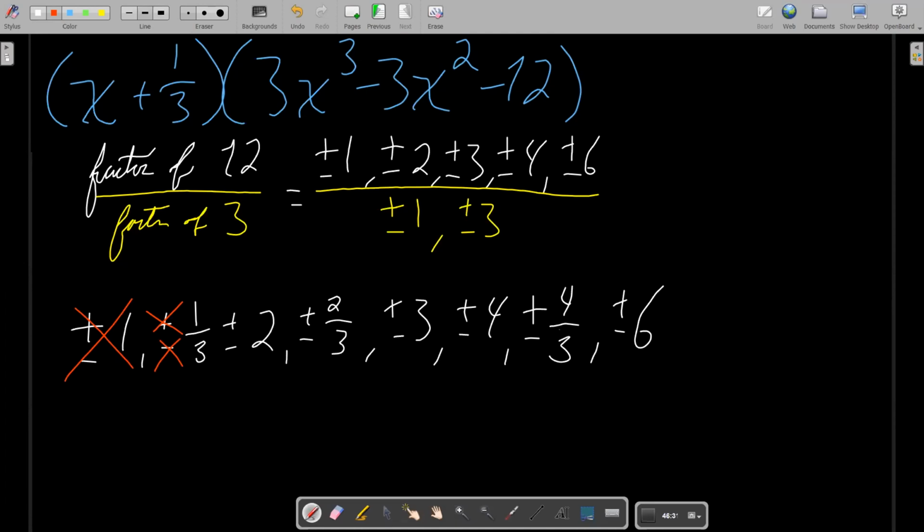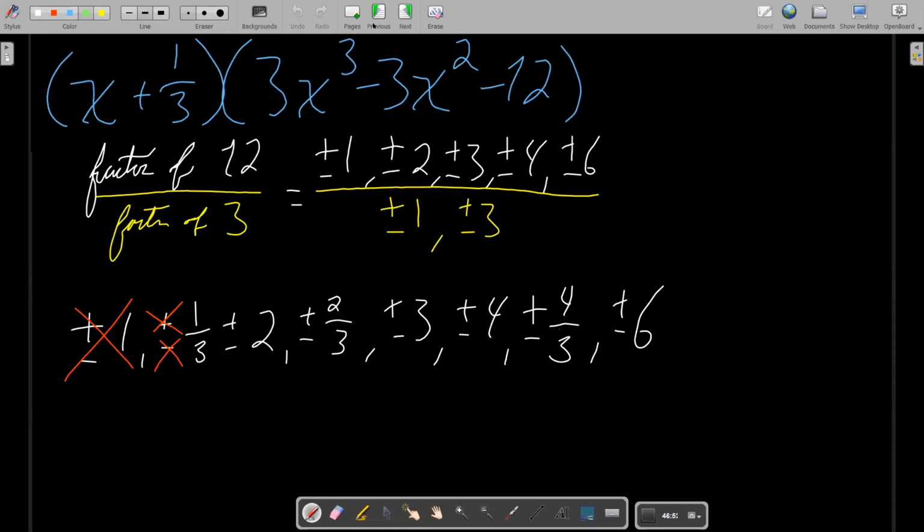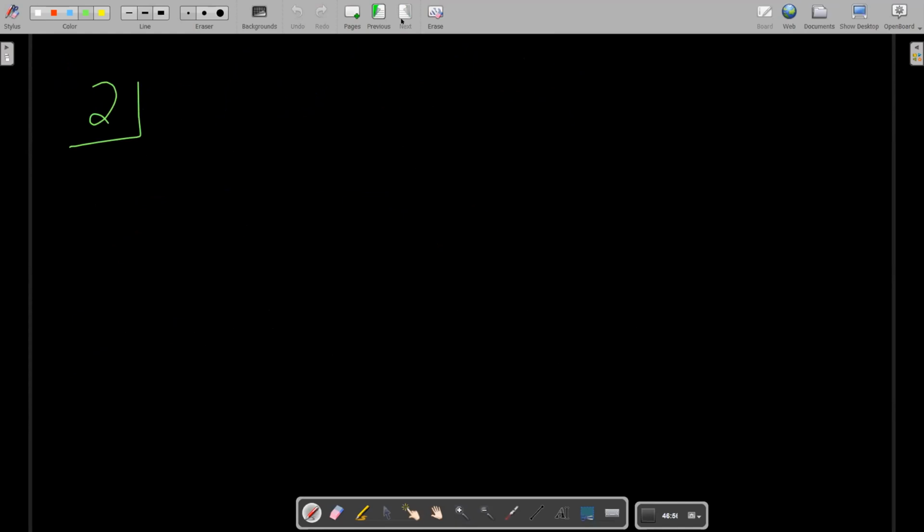It just so happens the next number I would have known would be a positive 2 is a factor, but let's go ahead and do that. How can I do this? Okay, so we'll do 2, and it is a 3, -3, 0, -12.